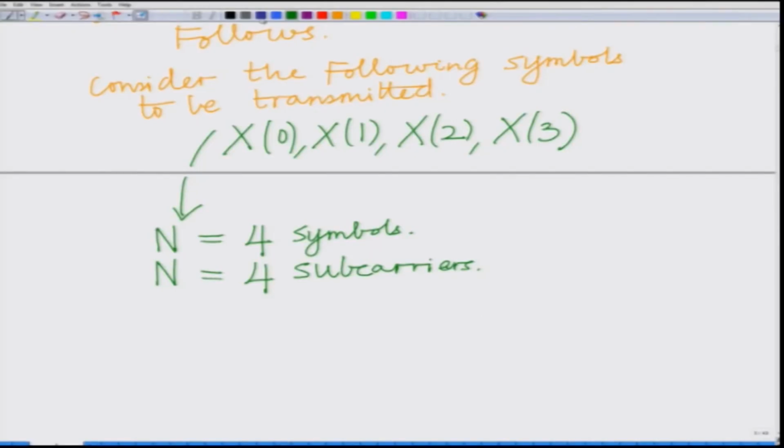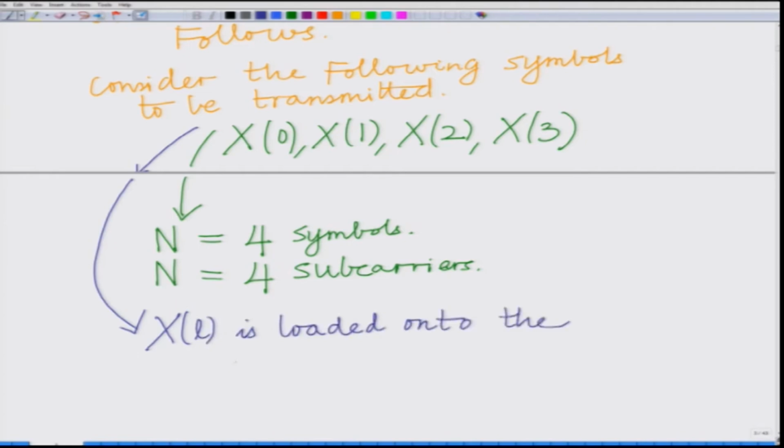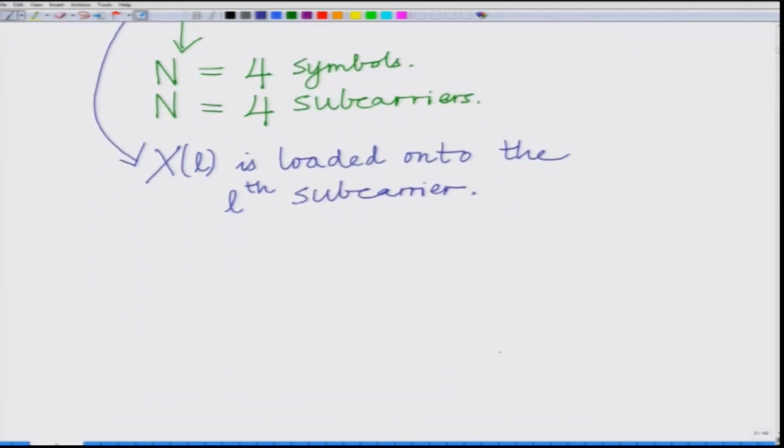Let us clarify this also: capital XL is loaded, the terminology used is loaded, onto the Lth subcarrier. There are 4 symbols, they are loaded onto the 4 subcarriers, alright. And so, in a general scenario, you have capital N symbols and they are loaded onto the capital N subcarriers.